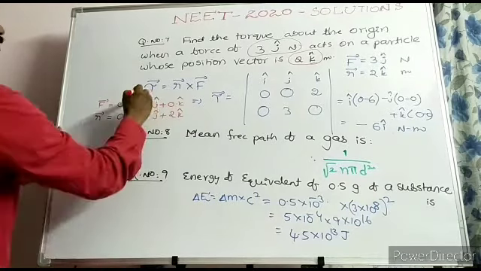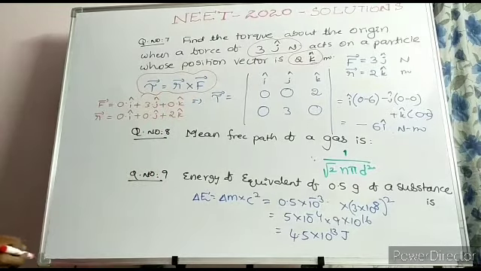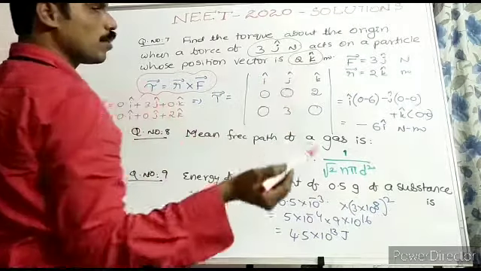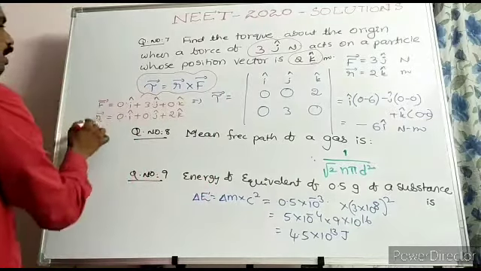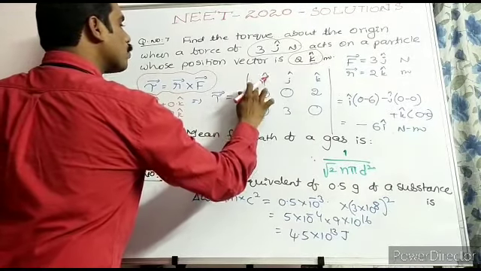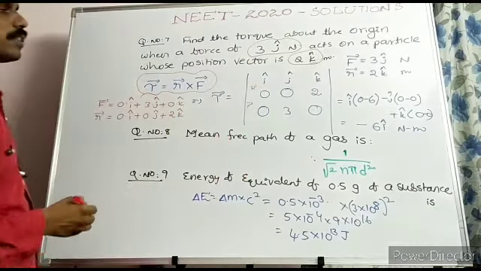Now the expression for torque tau is equal to R bar cross F bar. We have to take the determinant method. i, j, k are the Cartesian coordinates. Here we have to write the components of R bar and F bar. This is the row belonging to R bar, this is the row belonging to F bar.